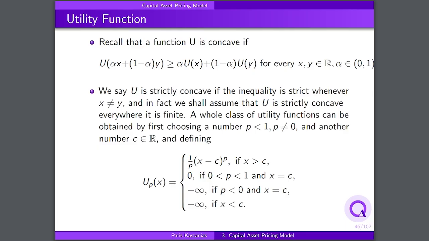A whole class of utility functions can be obtained by choosing a number p less than 1, not 0, and another number c in R, defining these functions here. I'm not going to read this out, but it's this if x is bigger than c, 0 if p is between 0 and 1 and x equals c, negative infinity if p is below 0 and x equals c, and negative infinity if x is below c.